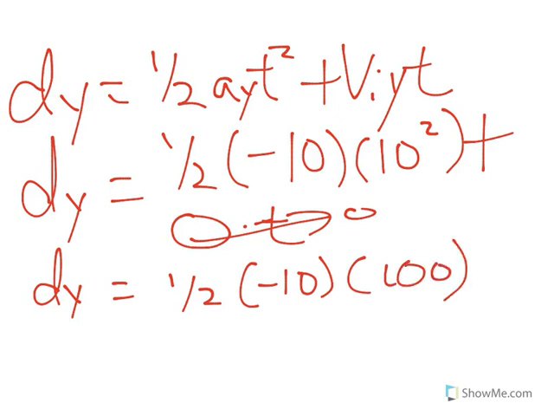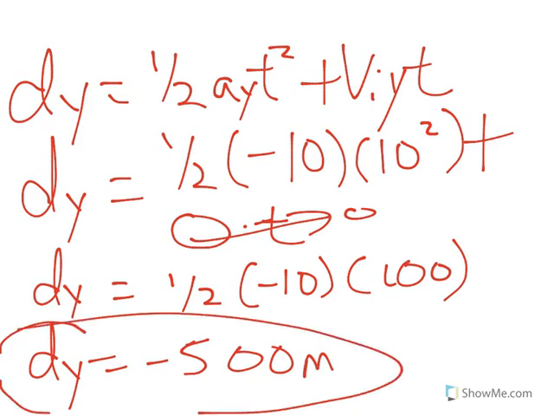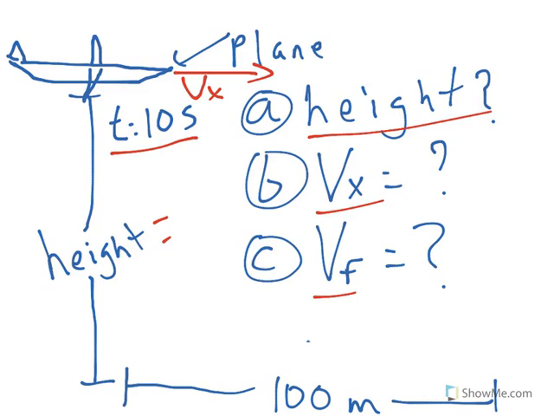Okay? And so we end up finding that the dy was -500 meters, which means it fell 500 meters. The height would be 500 meters. Alright. So the height was 500 meters.